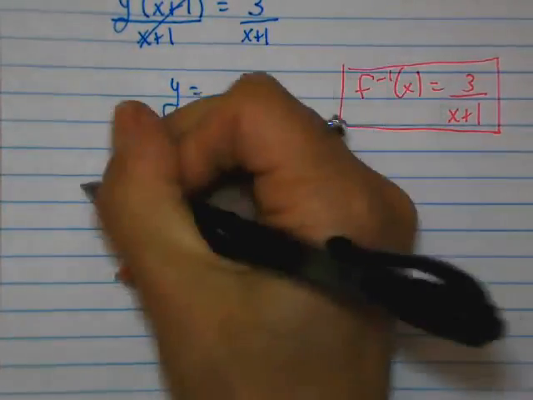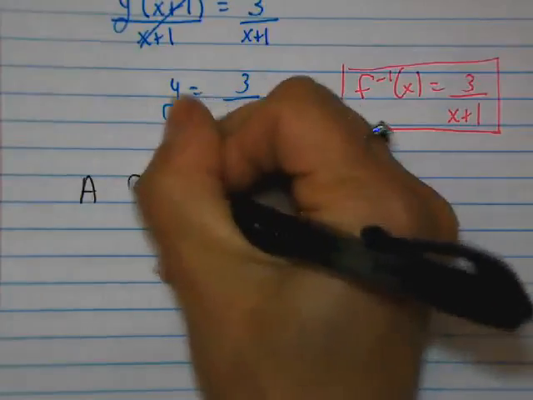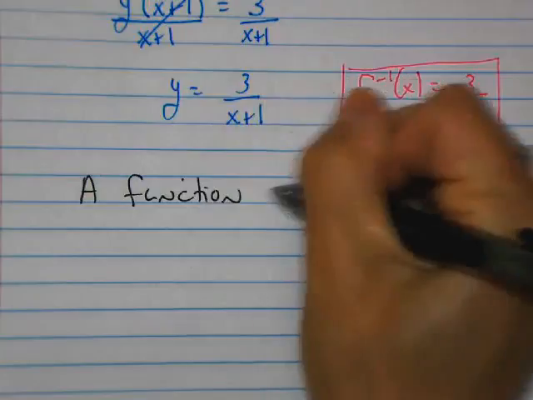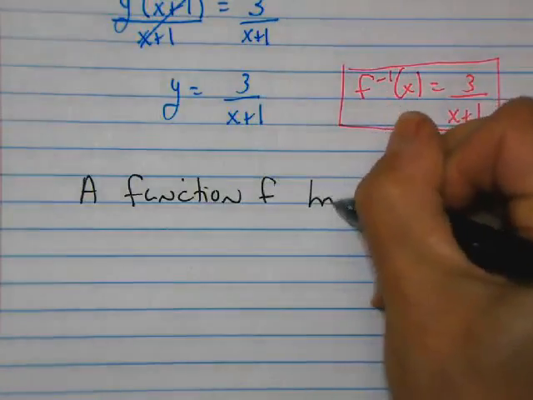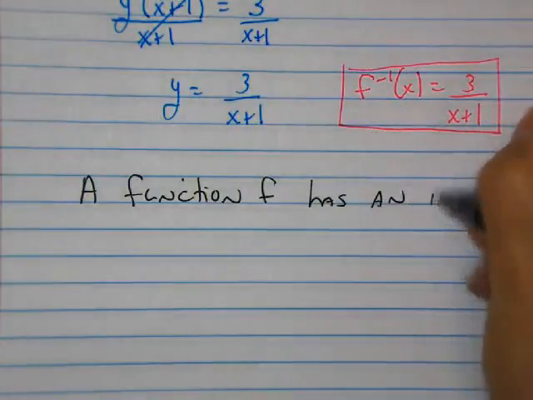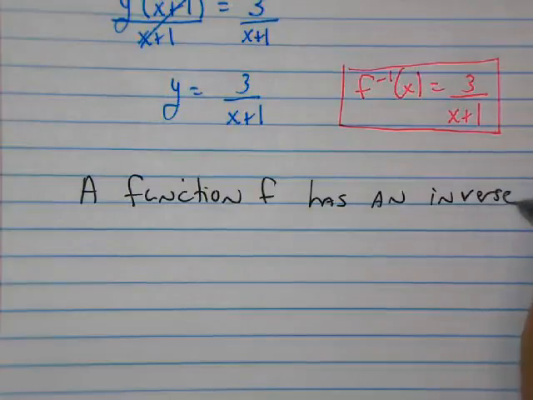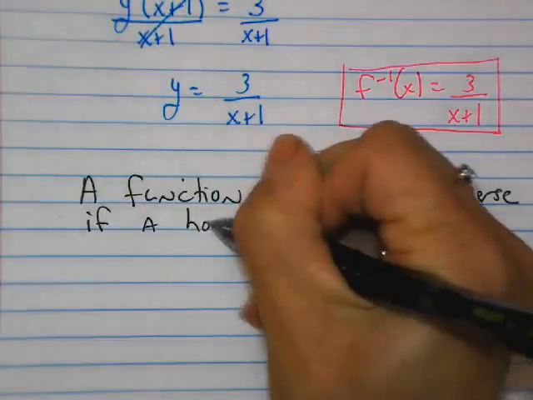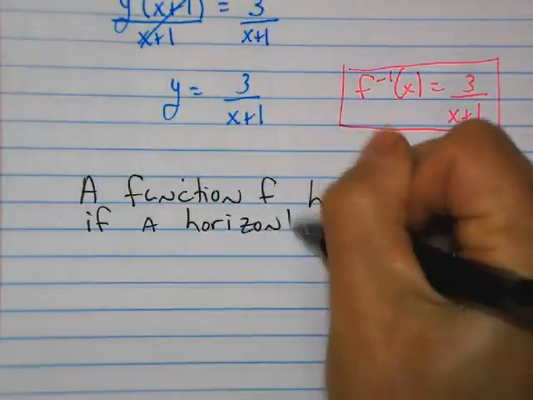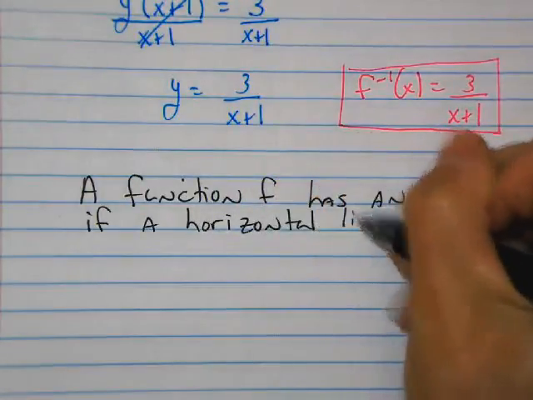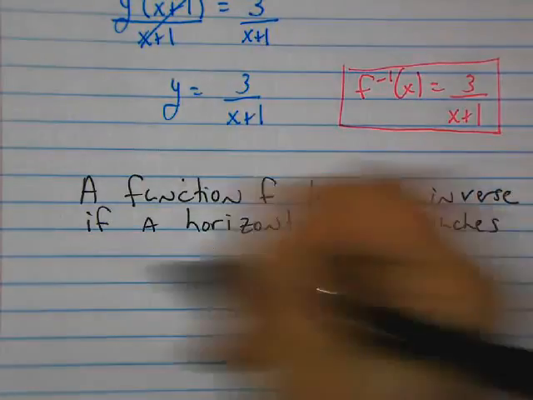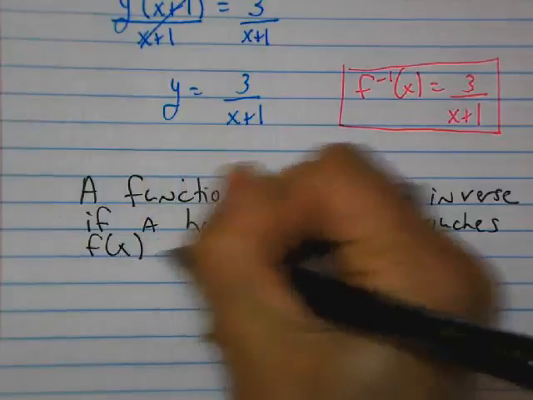A function f has an inverse if a horizontal line touches f of x only once.